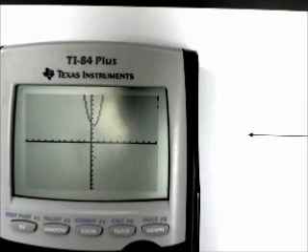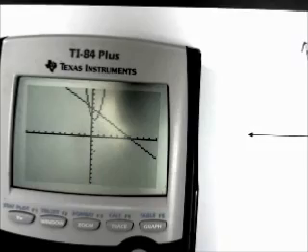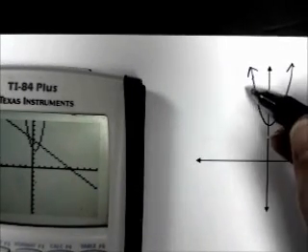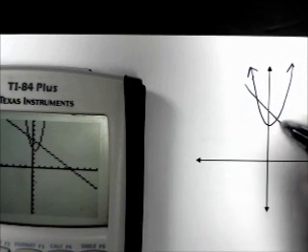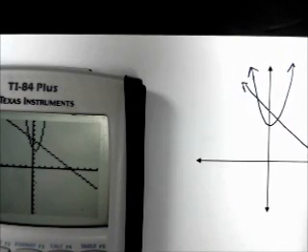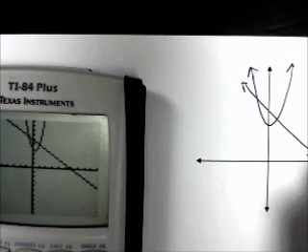Look at the graph. There we go. There's our parabola and our line. Now let's sketch the graph on our x and y axis. Make sure you label each.